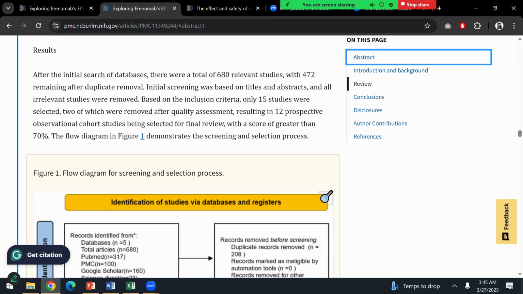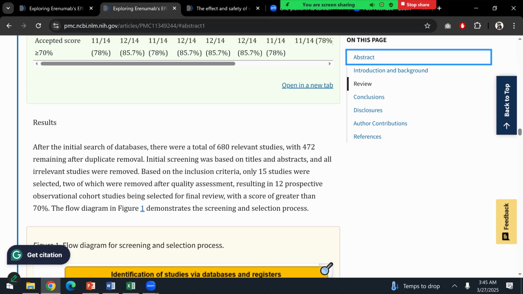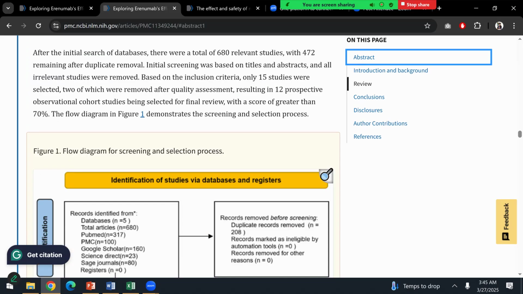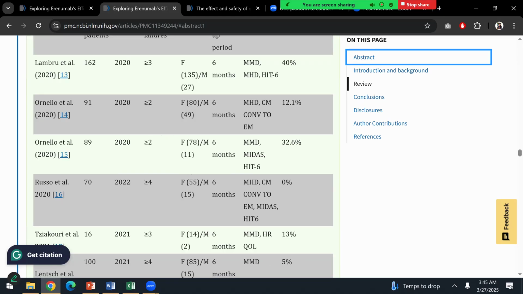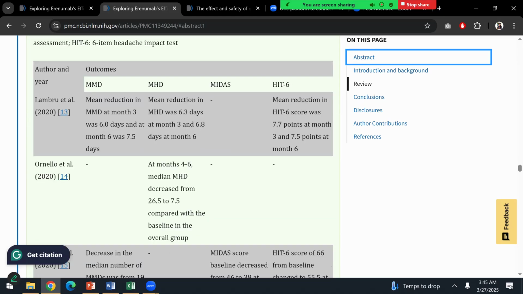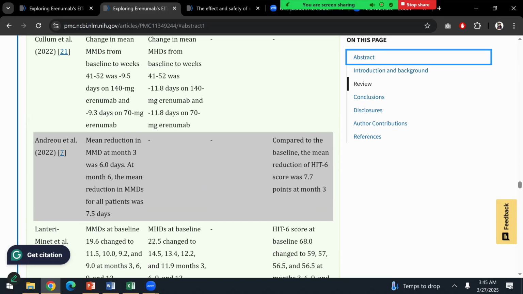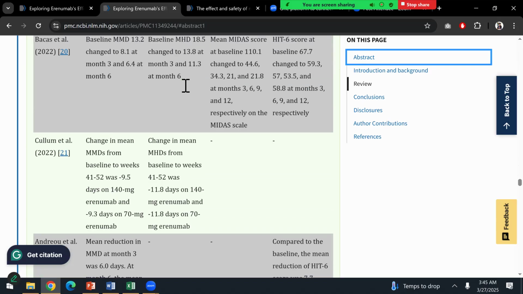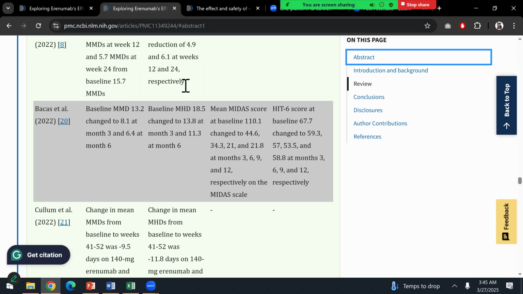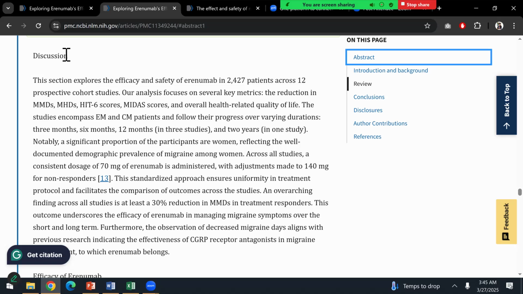This is all the method section. And then result section, in which you would have your PRISMA flow diagram, your study characteristics, and study outcomes. And this is your result section. And everything that you have, the tables and the things that you have summarized in your results section, you will discuss it in the discussion section.